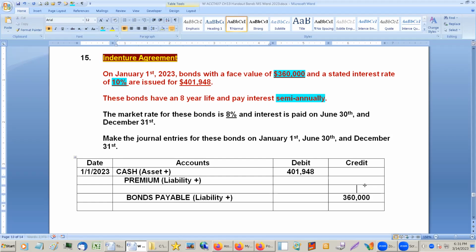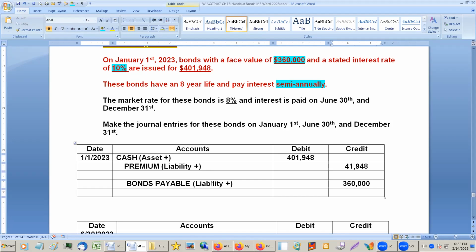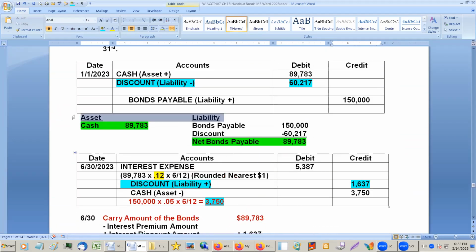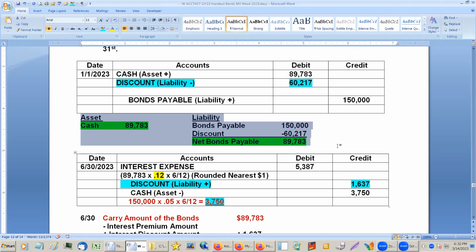And that's a liability going up, and that'll be for 41,948. I think that's what it was. Yeah. Oh, I know. Here, I'll show you what this looks like. Right after we make this sale, it'll look like this. Copy this down just to save time.